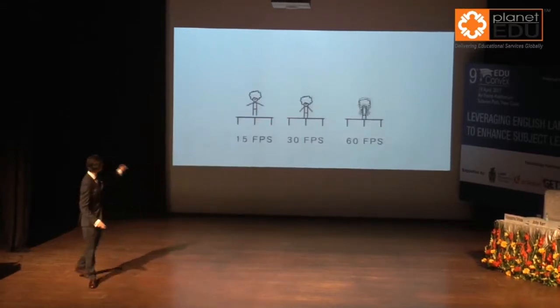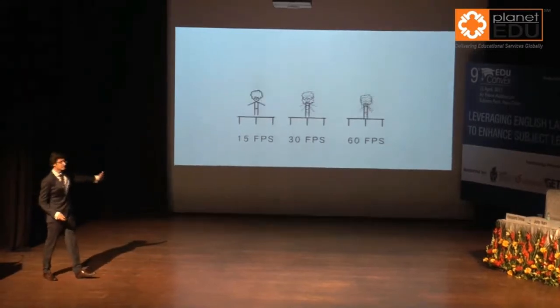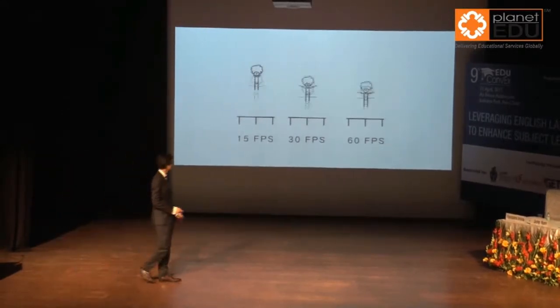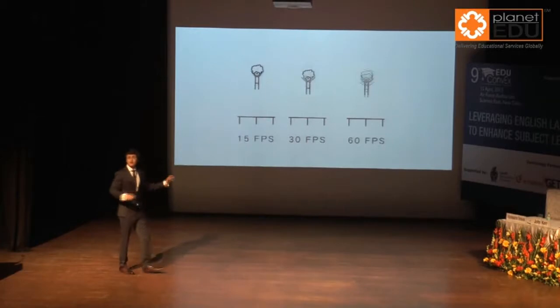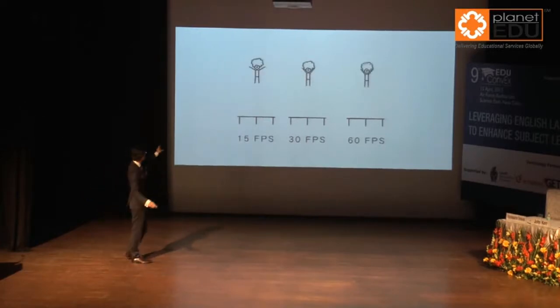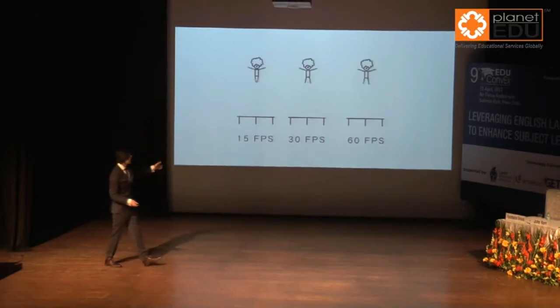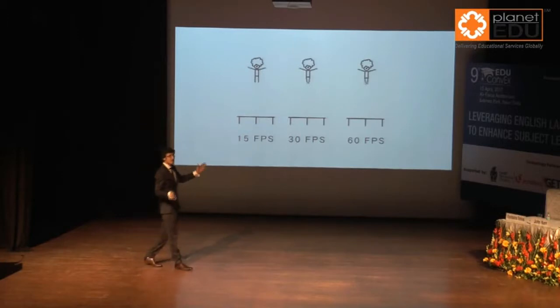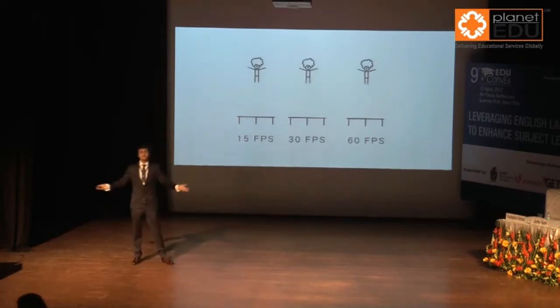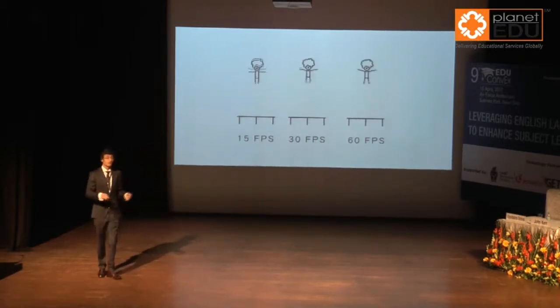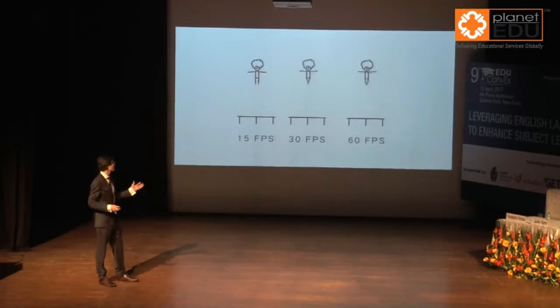Here's a comparison of 15 frames per second, 30 frames per second, and 60 frames per second. It may be a little hard for you to see, but 15 frames per second is still very jittery. It flickers. Compare it with the 30 frames. A lot of you might say, I don't see any difference, which is quite true, because that's what movies are shot at.